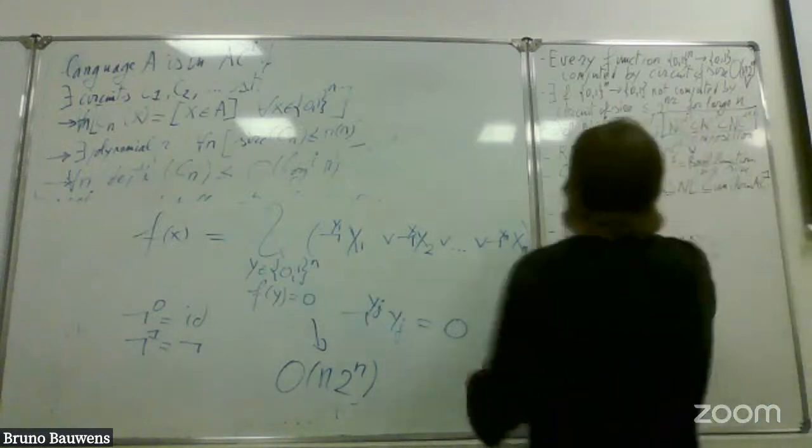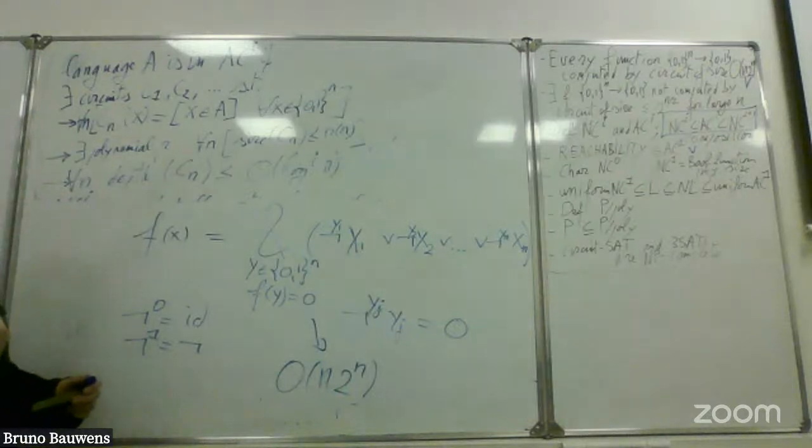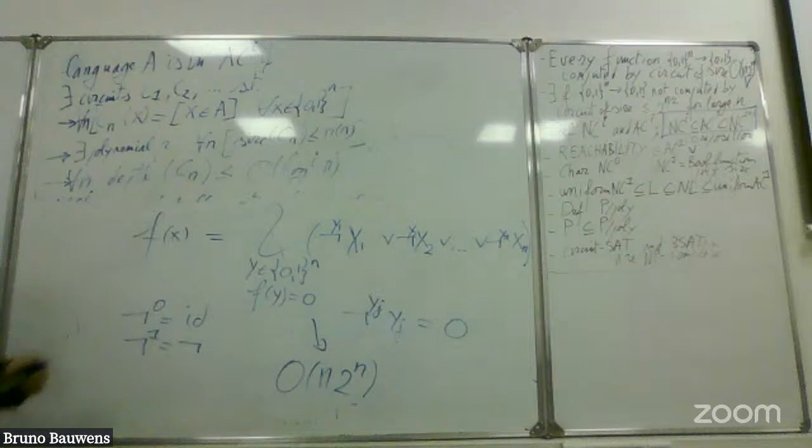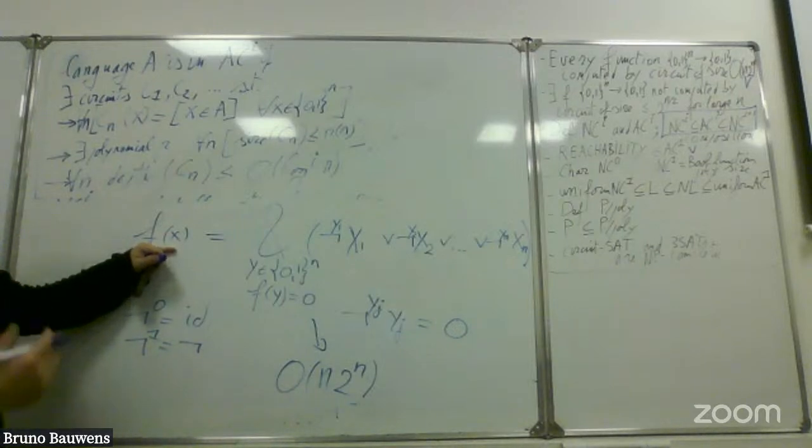And let's remember the characterization of NC0. I claim that if a function depends on finitely many inputs, then we can implement it using an NC0 circuit. And there is something nice.